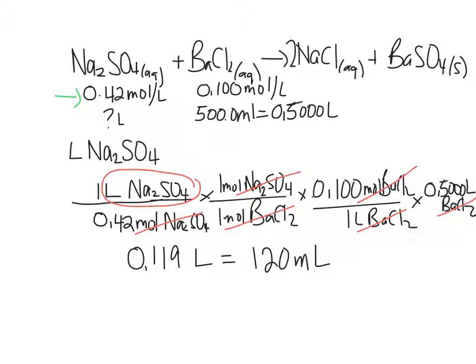So if you're going to use dimensional analysis, you're going to start with inverting the concentration of what we're looking for, mole ratio, concentration of what we have times the liters of what we have.